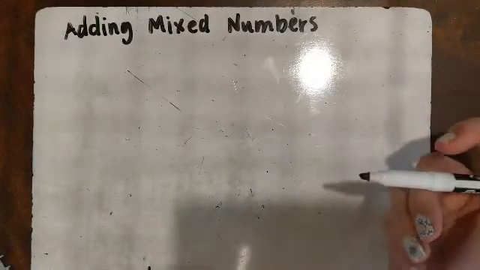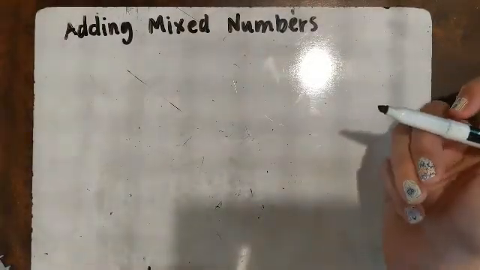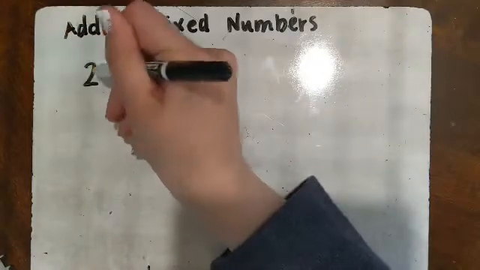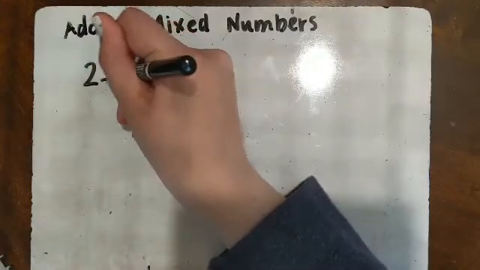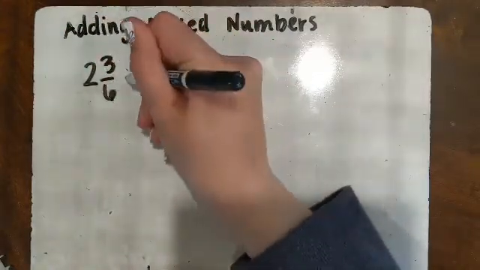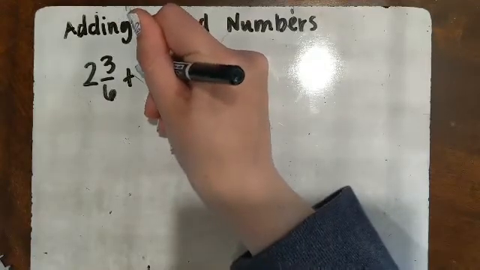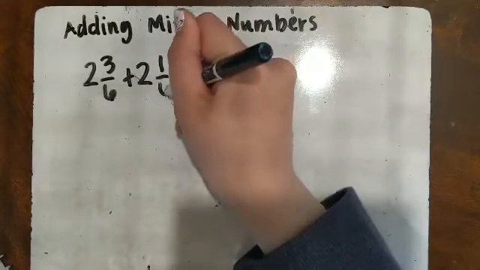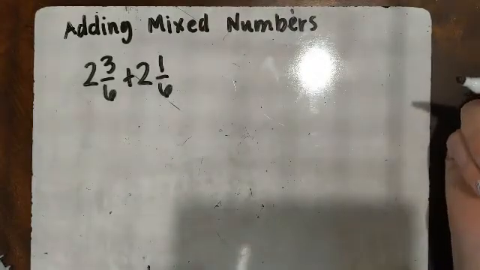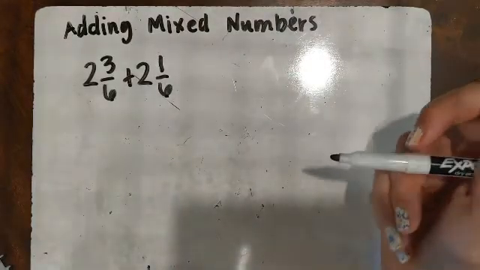First one, we need to find the sum and write in simplest form. We have 2 and 3/6 plus 2 and 1/6. I really like using associative property, so I'm going to do that for this problem.